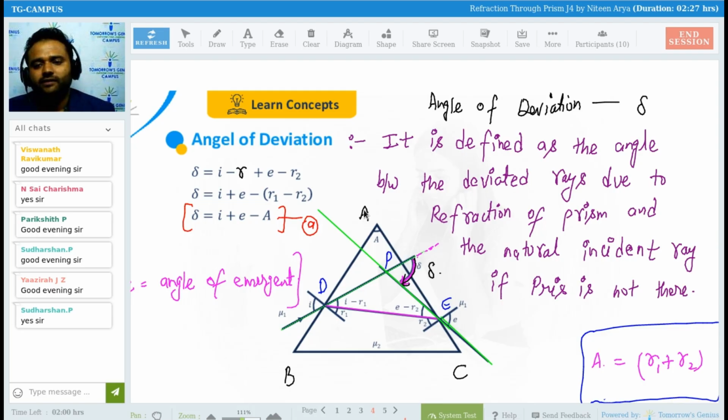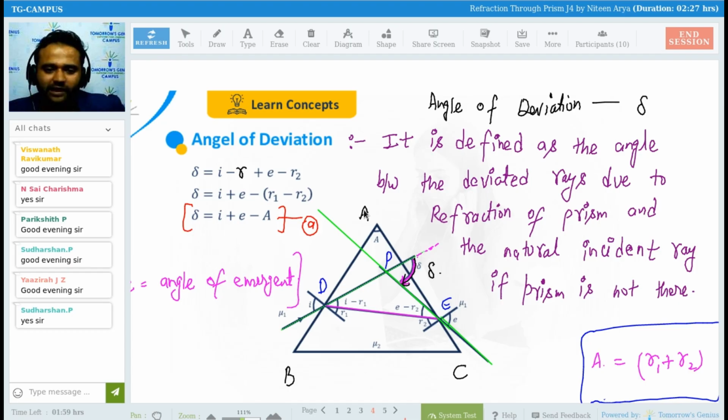Clear? It is defined as the angle between the deviated ray due to refraction by the prism and the original incident ray, if the prism is missing, if the prism is not there.